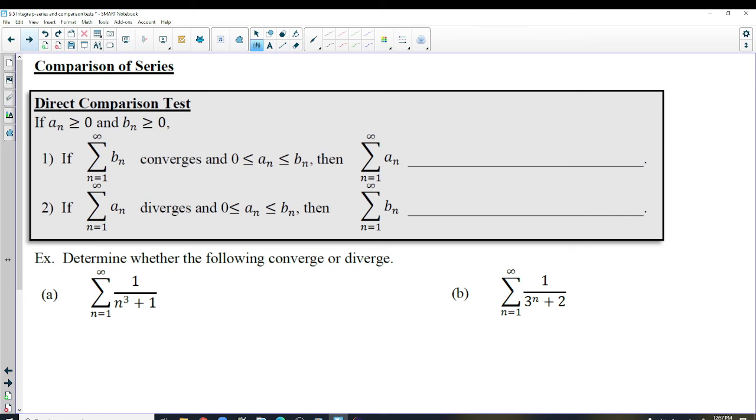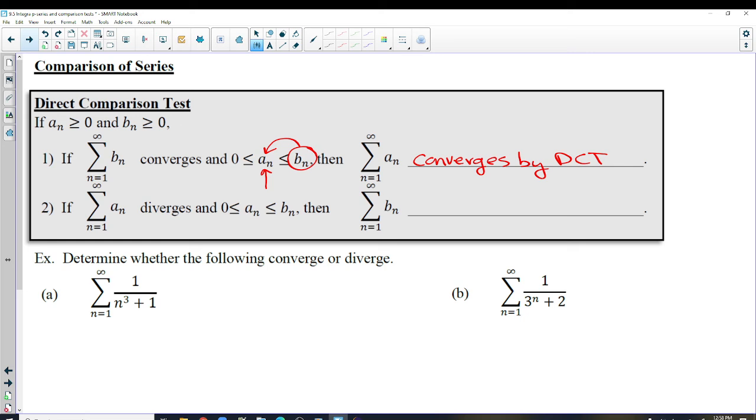Let's go with the direct comparison test. If a sub n is greater than or equal to 0 and b sub n is greater than or equal to 0, if b sub n converges and b is always bigger than a, then a must converge. Then a converges by the direct comparison test. If this one is decreasing fast enough to converge, and this one's always below it, then this one decreases fast enough to converge.